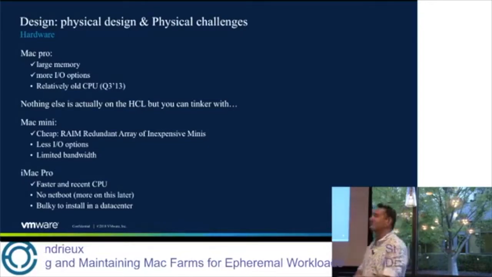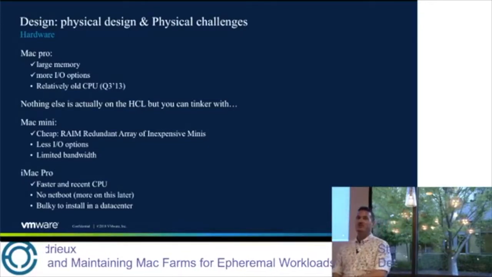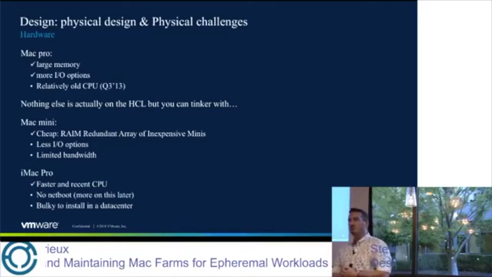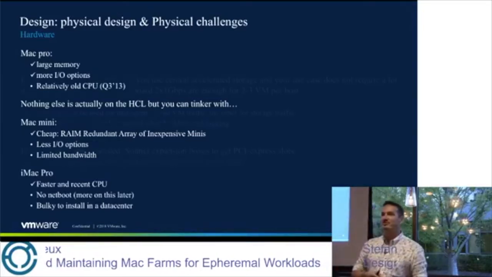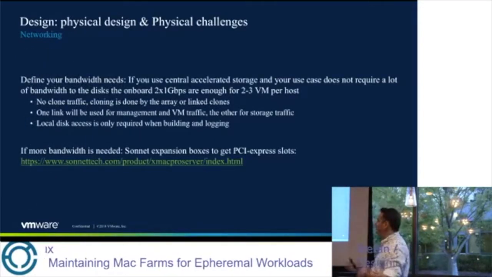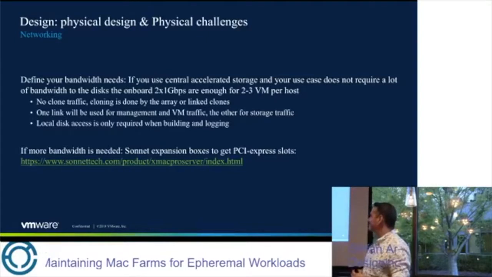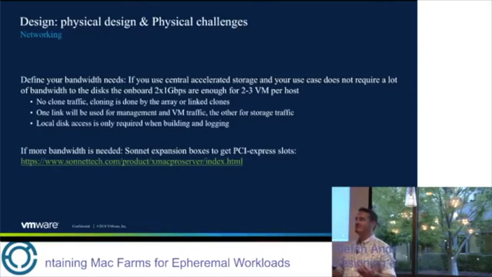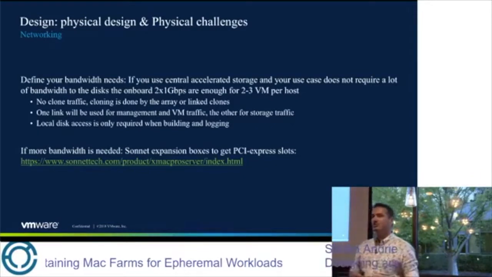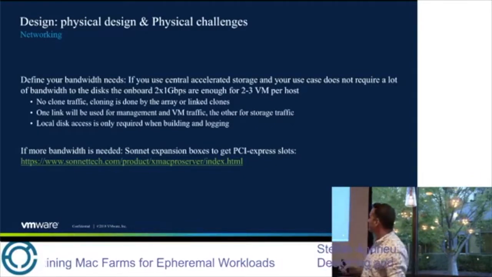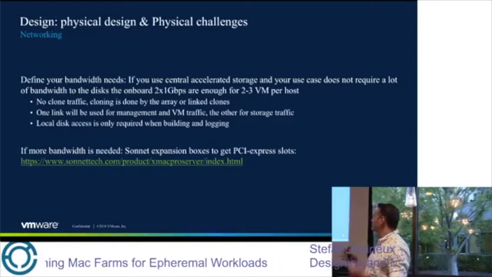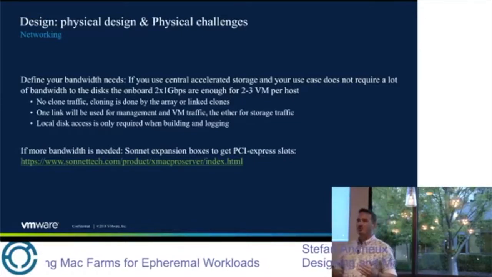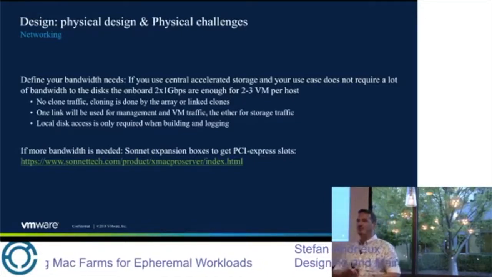Networking, that's an interesting part. We've seen that the only option we have is a Mac Pro. Mac Pro comes with 2 1GbE Ethernet interfaces. If you do some benchmarks, if you put everything through those 2 interfaces, you can run 2-3 VMs per host if there's not that much clone traffic because you have an accelerated disk array.